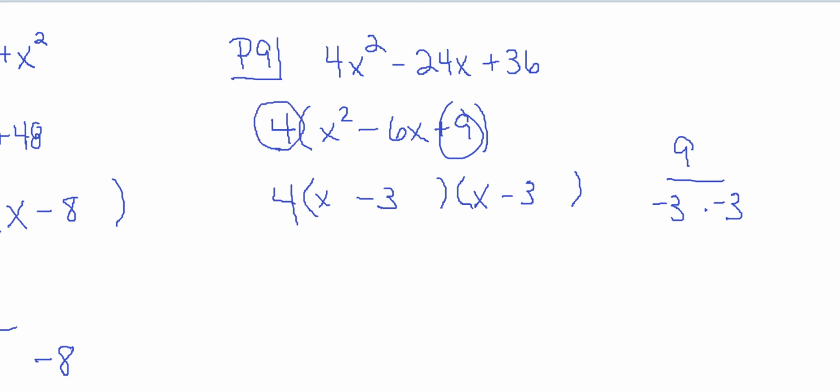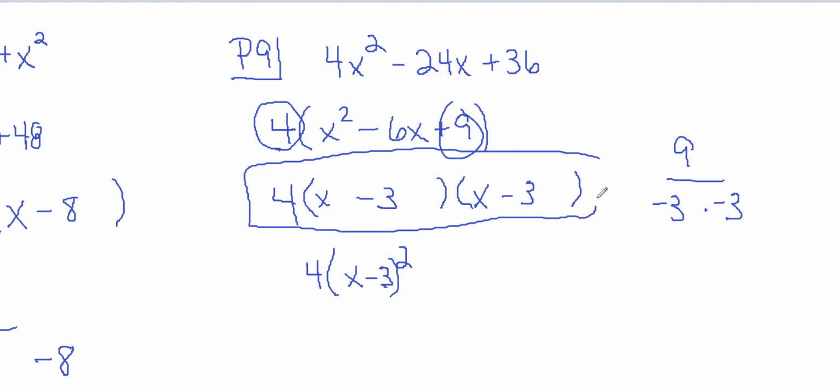Bring that down. And you can leave it like this. Some people write it maybe like 4 times x minus 3 and squaring that, another alternate way of writing it. But that's good enough. Either way, this way is satisfactory as you get into factoring these different trinomials.